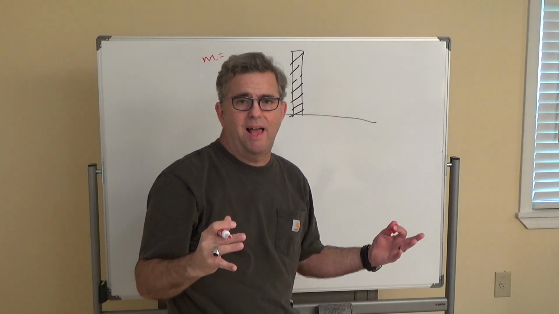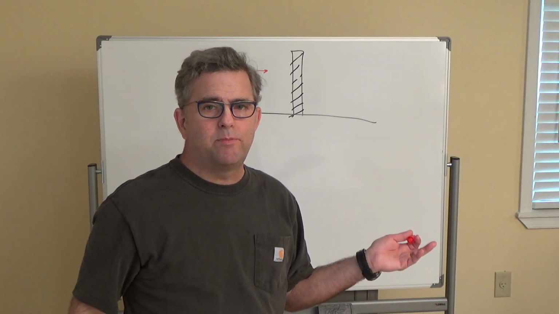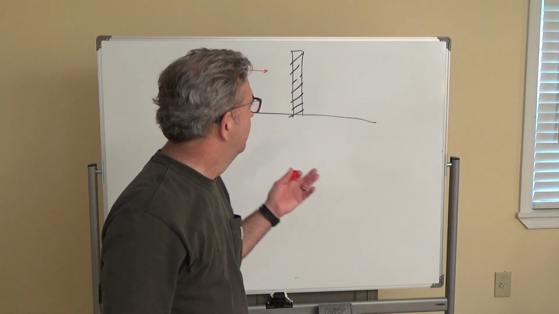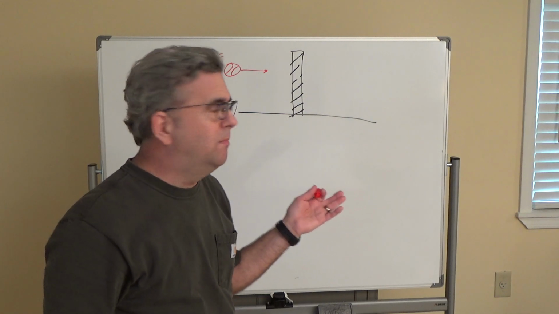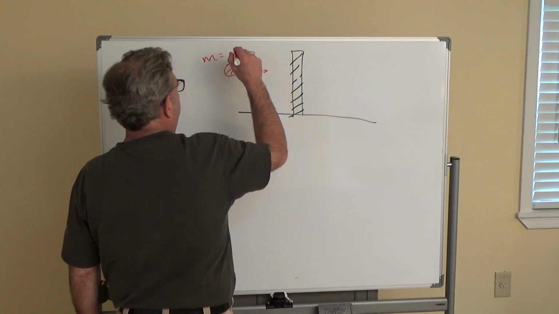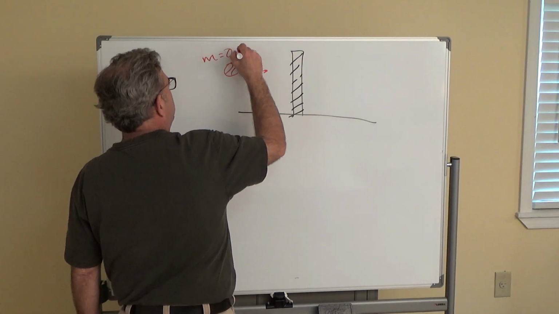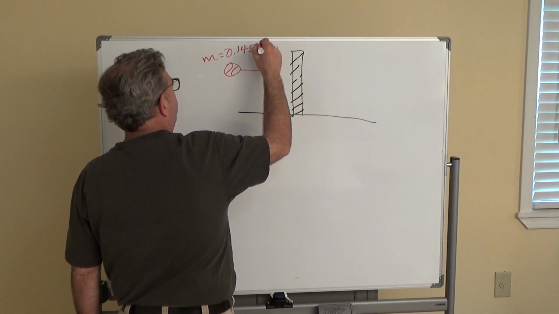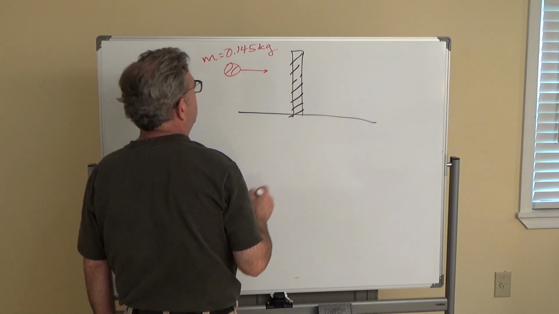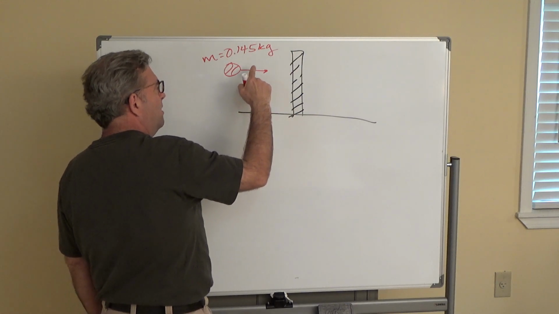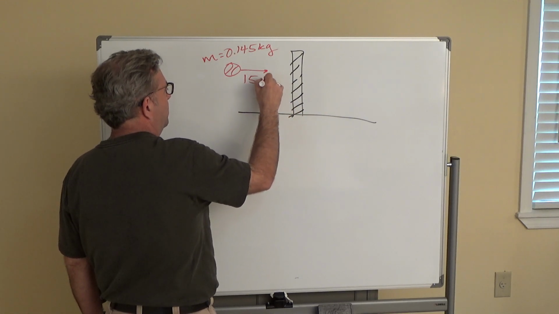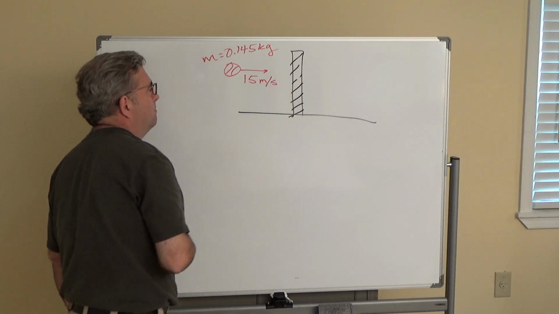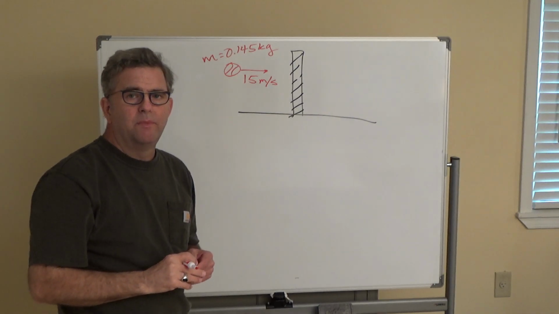Since I'm not in class and I don't have the baseball players here to help me, you can correct me if I'm wrong on that, but I think it's about 145 grams. So that's 0.145 kilograms. Okay? Let's say that it has an initial velocity of 15 meters per second. All right?